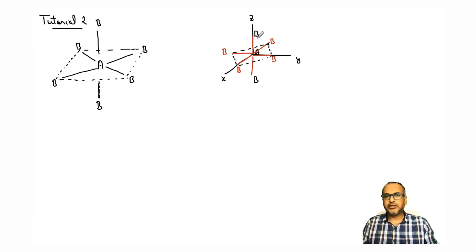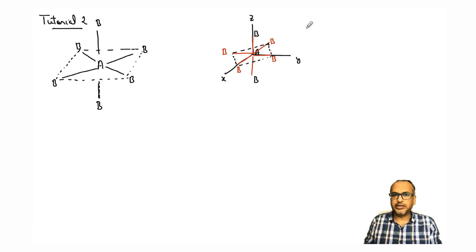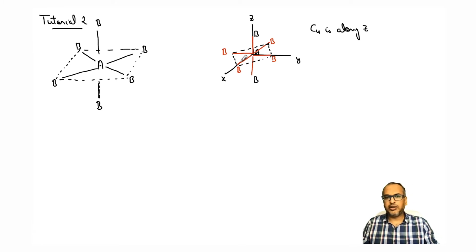So my principal axis is the C4 axis, which is oriented along the Z axis. Then the XZ plane has to have the highest number of atoms. In this case, the YZ and XZ planes would have an equal number of atoms. So this is my XZ plane along which I have 3 B atoms, right?